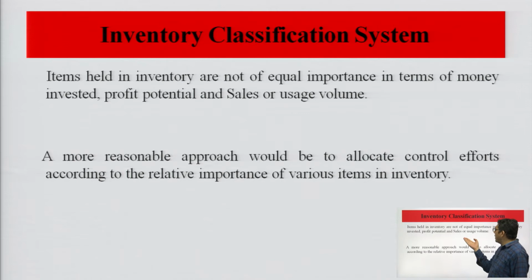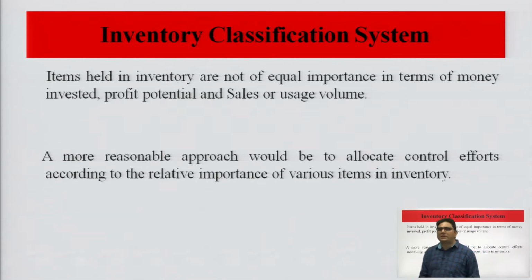Similarly, if they are contributing to the overall sales significantly, we can keep these items or products into category A. If these items do not contribute very significantly, we can keep them into category C. So, this classification that we are using to classify our products into category A, B or C is based on the importance and contribution to the organization.